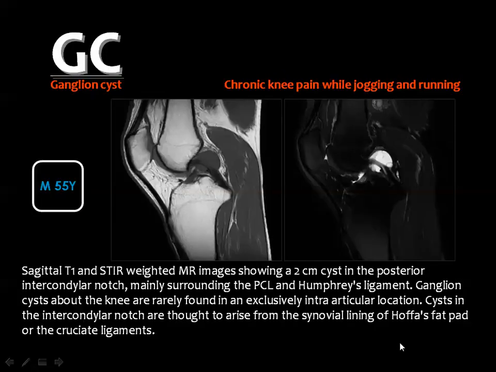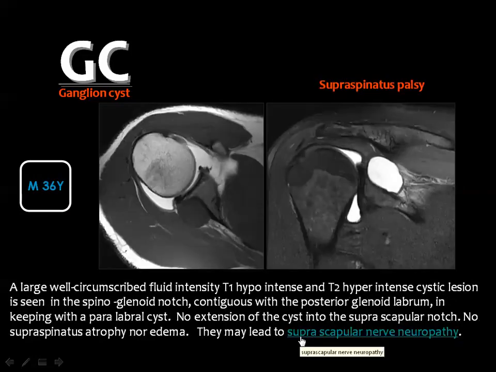And this is also one of the well-known ganglion cysts related to the cruciate ligament, showing low signal in the T1 and high signal in the T2 weighted image. This is known as cruciate ligament ganglion cyst or intercondylar notch ganglion cyst.